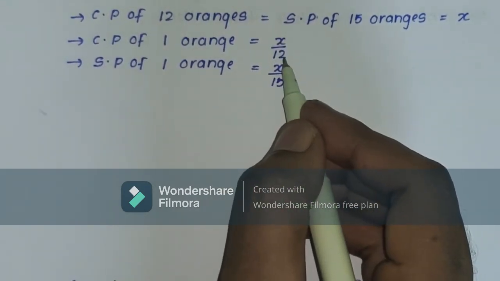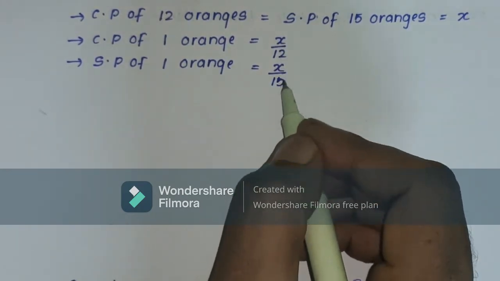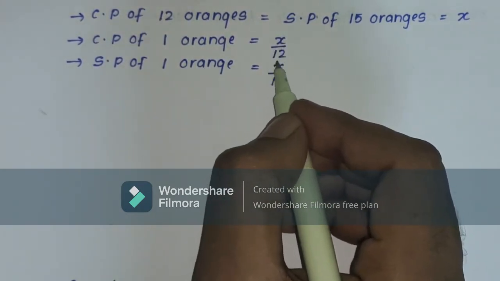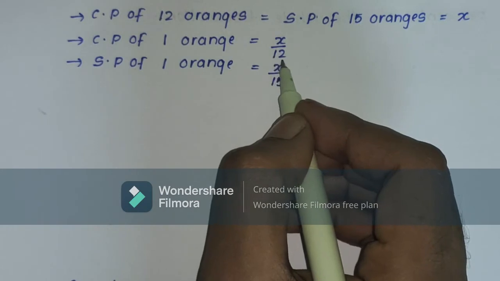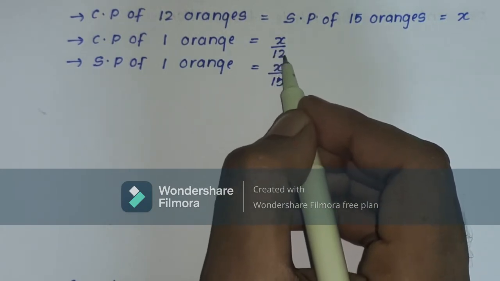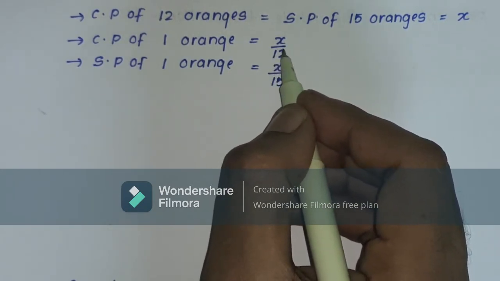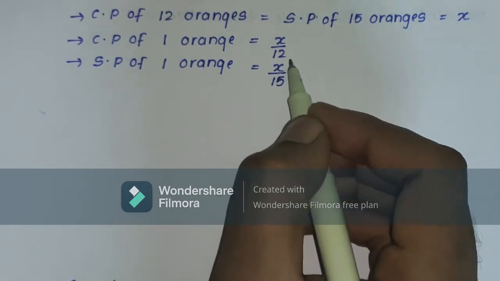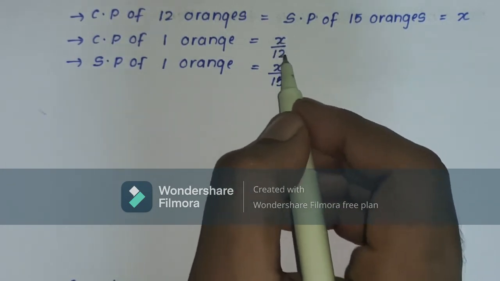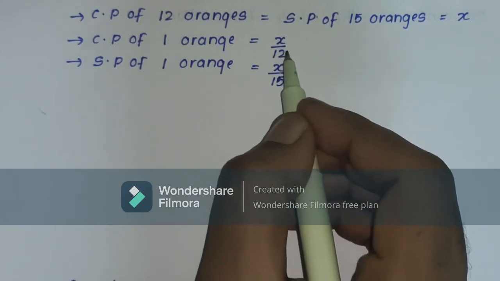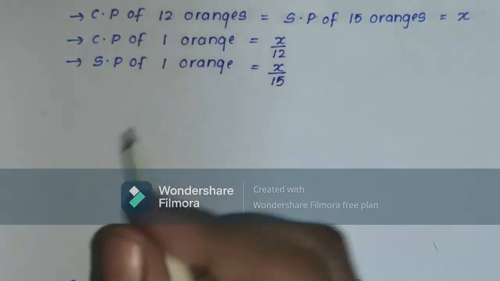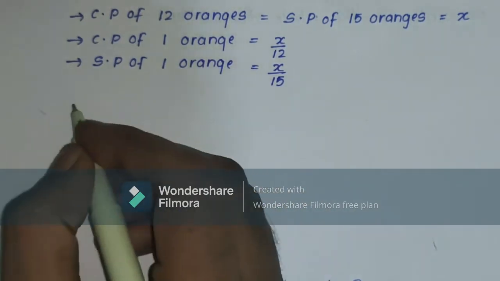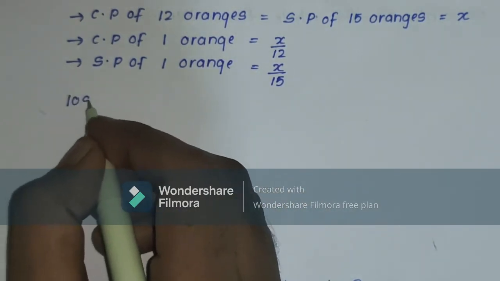How do we conclude which one is bigger and which one is smaller? When you compare two fractions, the one whose denominator is smaller has the bigger fraction value. So your X by 12 is bigger. That means your CP is bigger. Therefore, we can conclude that we are going to have a loss.